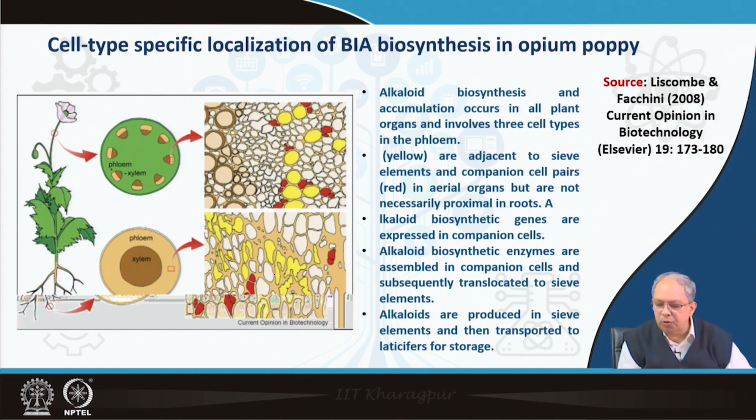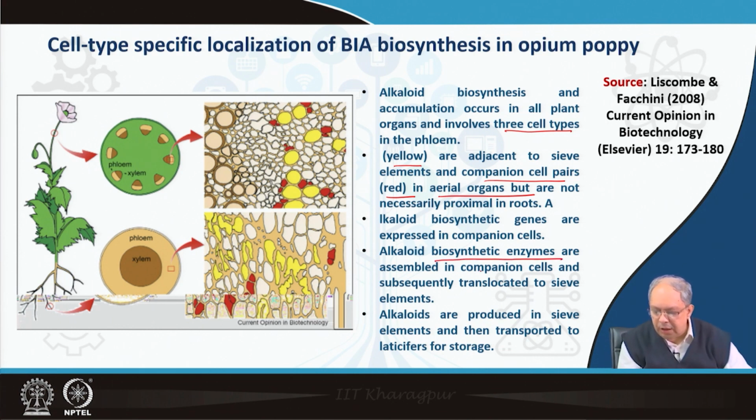The yellow and red show that there are 3 types of cells in the phloem. Yellow are adjacent to the sieve element, and the companion cell pairs are red in color in the aerial organs. These are the places where the alkaloid accumulates, whereas in the root tissues it also accumulates in the cortex as well as partly in the pericycle.